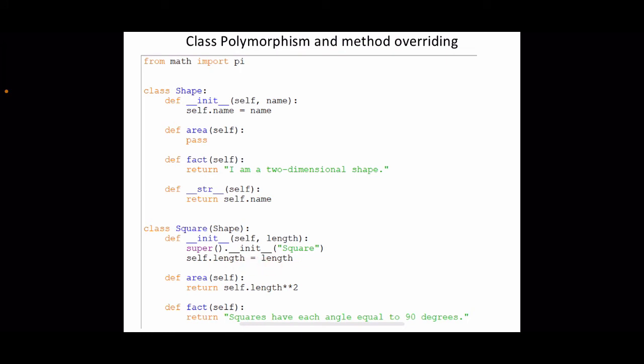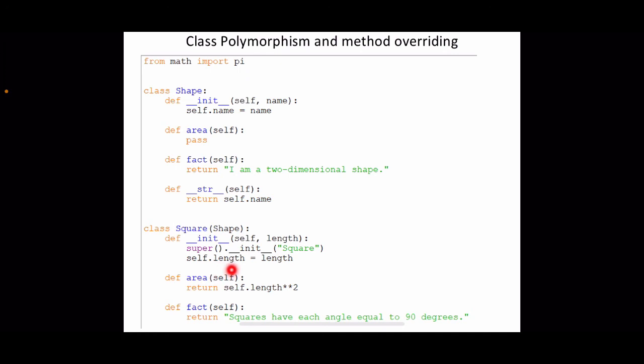So that also will be invoked here inside the child's init method. First we are invoking the corresponding init method of the parent by passing square as the argument value. So name will be assigned the value square. So self.name will be square. So that is the first attribute for the child class. And the second attribute, that is the length attribute, will be assigned its length value.